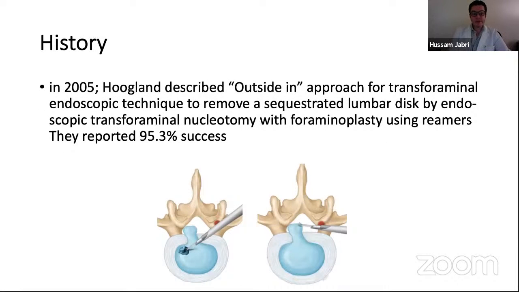In 2005, another German surgeon described the outside-in technique, where he started enlarging the foramina, or doing something called foraminoplasty, using reamers. He was able to remove the fragment from outside and even go inside to remove more disc to prevent recurrence or reherniation.